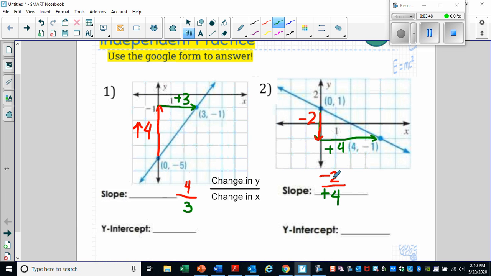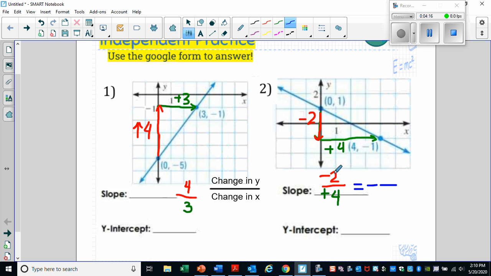Now, since we divide a negative by a positive, our overall result will be negative. We're going to keep our negative sign. And then we notice we can simplify our fraction, 2 over 4. So first we take care of our signs: negative divided by positive, keep the negative.